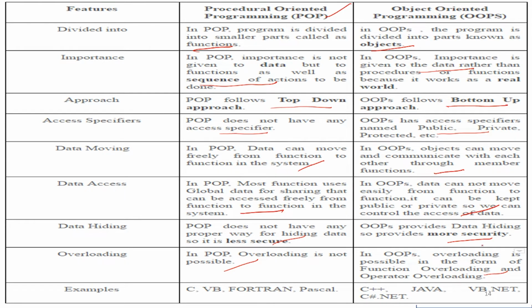But Java doesn't allow operator overloading for users, although it allows function overloading. The examples of POP are C, Fortran, VB, etc. C++ and Java are object-oriented programming languages.